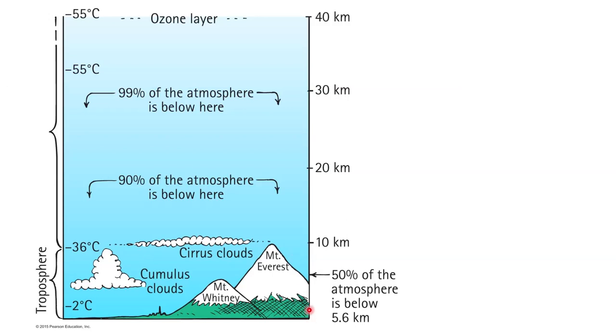Well, it's interesting because if you keep going up here at 30 kilometers, which is roughly 20 miles for those of us who grew up in the United States, at roughly 20 miles, 99% of the atmosphere is actually below that point. So the height of the atmosphere is kind of interesting.